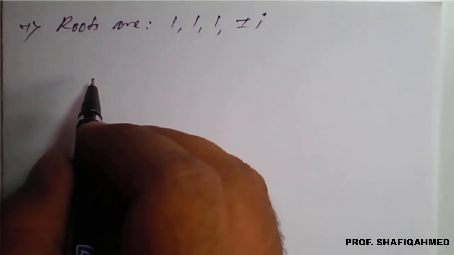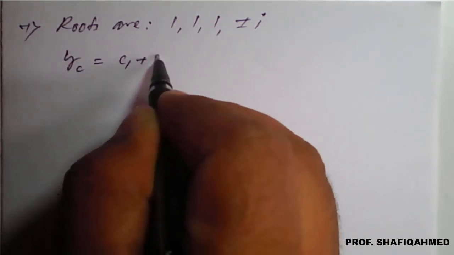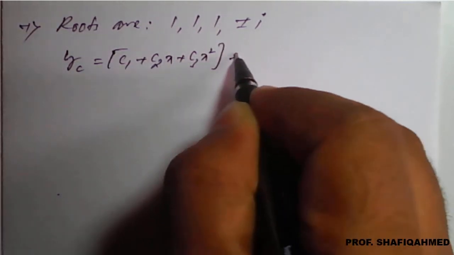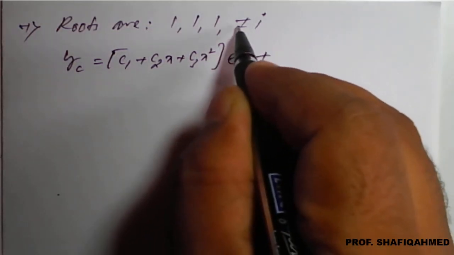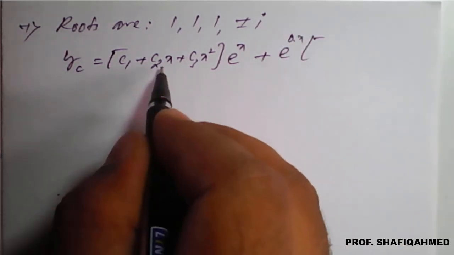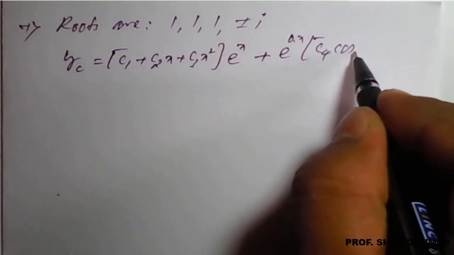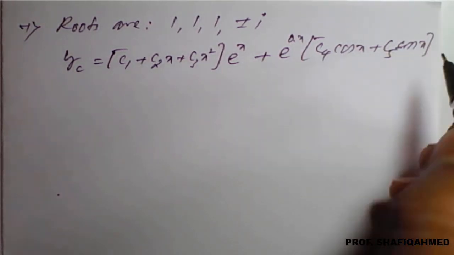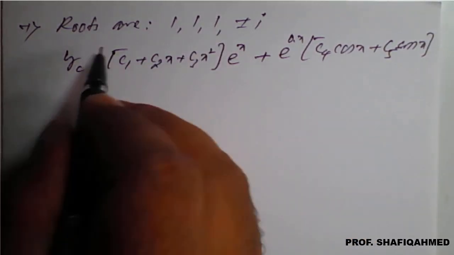At that time, how to write the complementary function? yc is equal to, for these three, (c1 plus c2x plus c3x square) into e raised to 1 into x, that is e raised to x, plus, for plus or minus i, the real part is missing here, so e raised to 0 into x bracket, c4 cos of, the coefficient of i is 1, so 1 into x is x, plus c5 sine of x. So this is the way to write it for this kind of root that I have taken here.